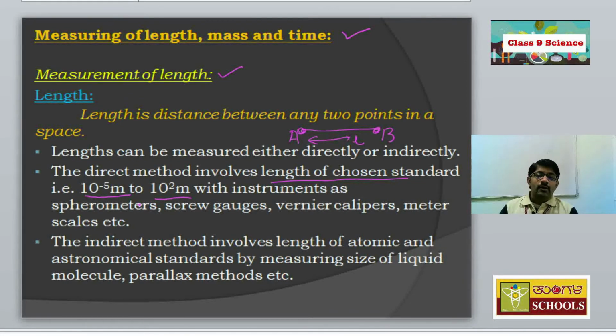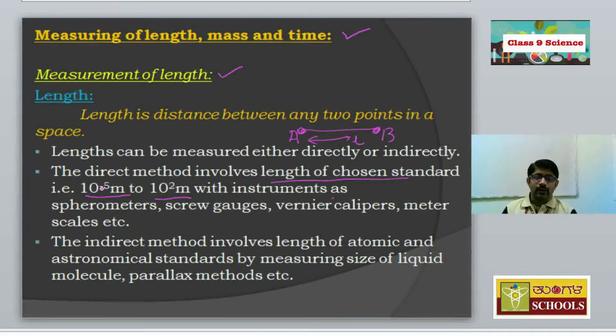Between these two ranges, direct measurement can be done using instruments such as spherometers, screw gauges, vernier calipers, meter scales, and so on.